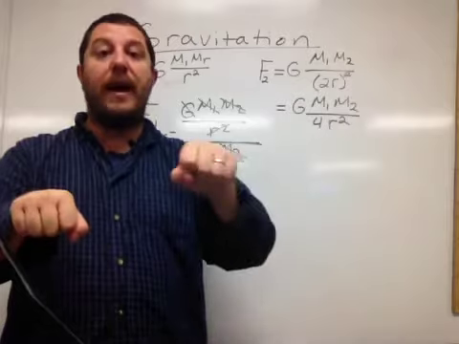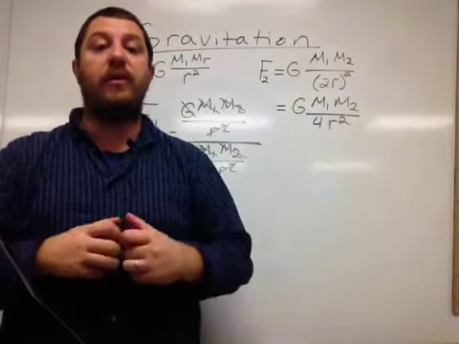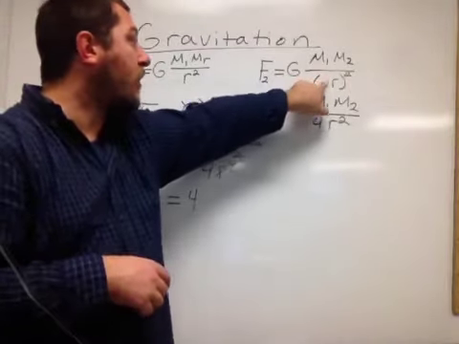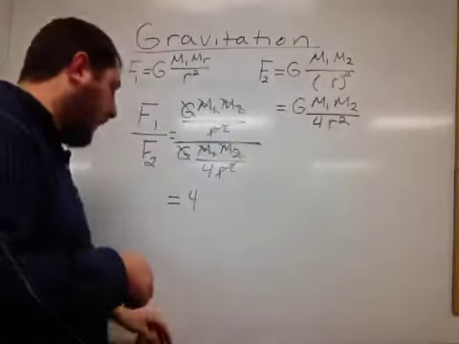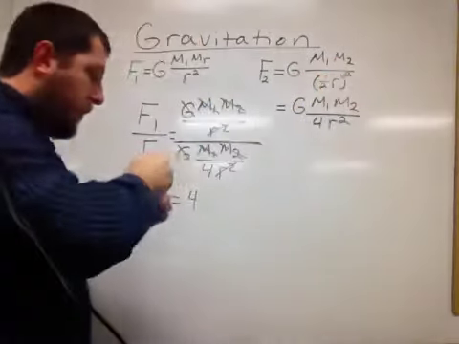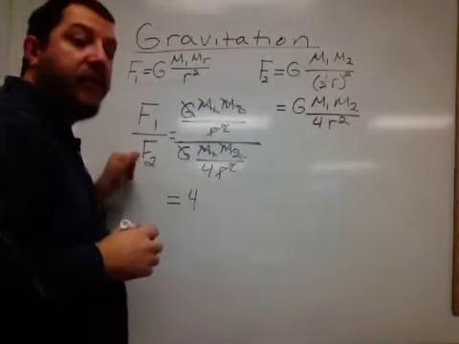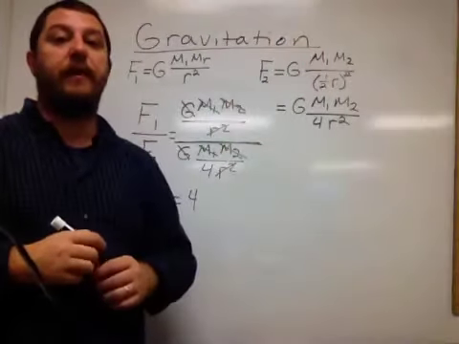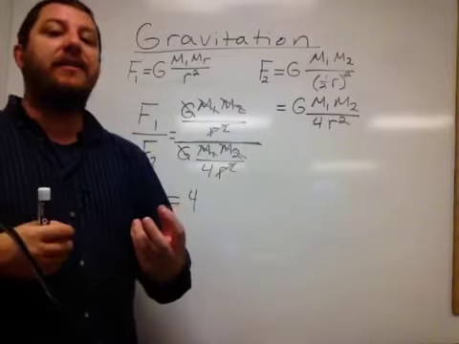If I were to halve the distance, then the force would go up by a factor of 4. If this were 1/2 r squared, then the ratio of F2 to F1 would be 4 times, indicating that this would be 4 times greater. And that's what the essence of the square law means.